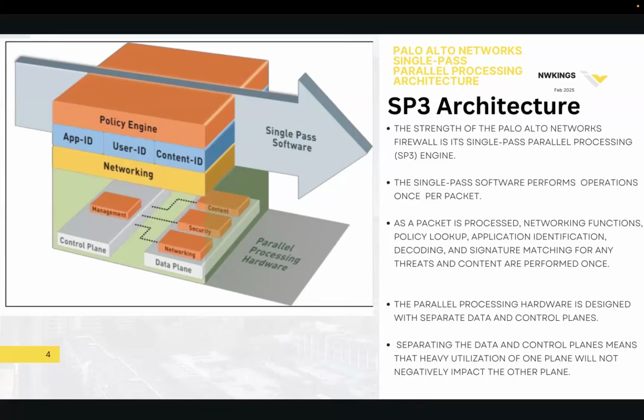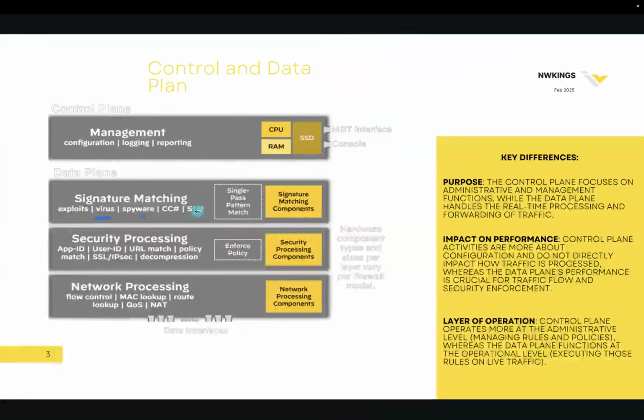Yes, one question, sir. If there is some security threat in L7, will it be detected by the control plane itself or in the data plane? Data plane. Everything, signature matching, security incidents, spyware, anti-spyware, everything is in the data plane. It does not matter which layer the threat is regarding. It will always be controlled by the data plane itself.